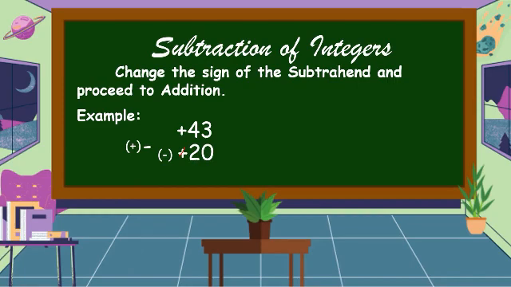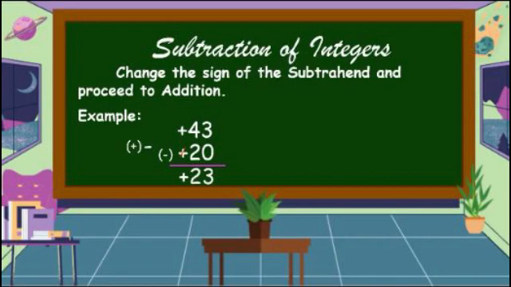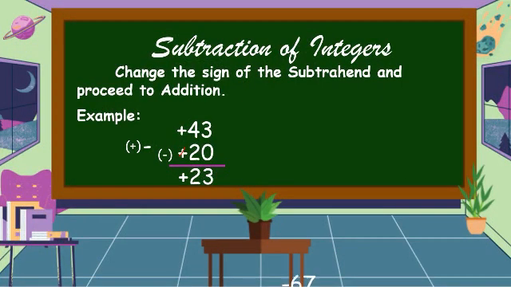So, our addends now are positive 43 and negative 20. We have different signs, so we are going to subtract the numbers. 43 minus 20, the answer is 23. Then we're going to copy the sign of the bigger number, which is 43. So, the answer is positive 23.